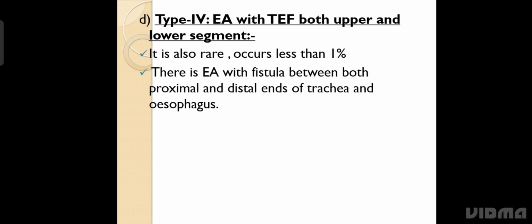Here there is esophageal atresia with fistula between both the upper and lower segments, meaning there is an abnormal connection between both the upper and lower segments of the esophagus and the trachea. You can see in this picture, there is atresia present, and abnormal connection in both the upper and lower segments. So this is also known as atresia with double fistula.